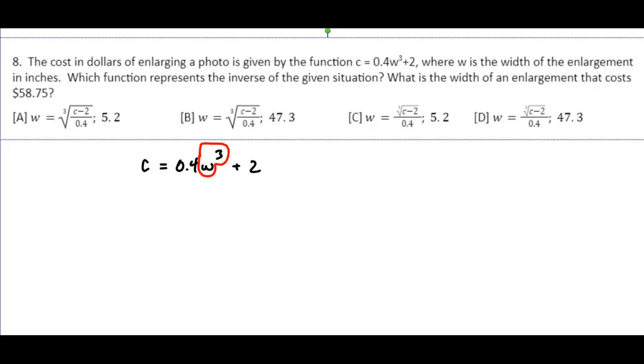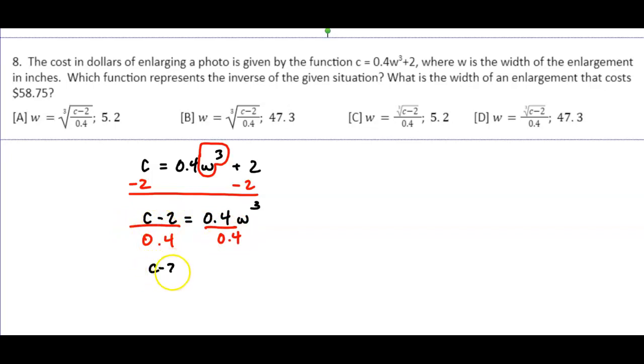So the very first thing that I'm going to do is subtract 2 from both sides. That gives me C minus 2 equals 0.4 W cubed. I still need to move that 0.4. It's being multiplied by W cubed, so I'm going to divide by 0.4 on both sides.